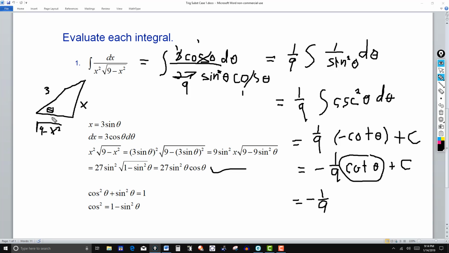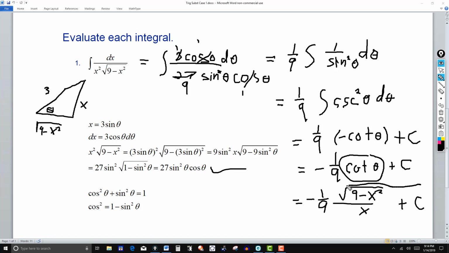So this then should be the square root of 9 minus x squared over x, plus the constant of integration. Okay, so this is your answer.